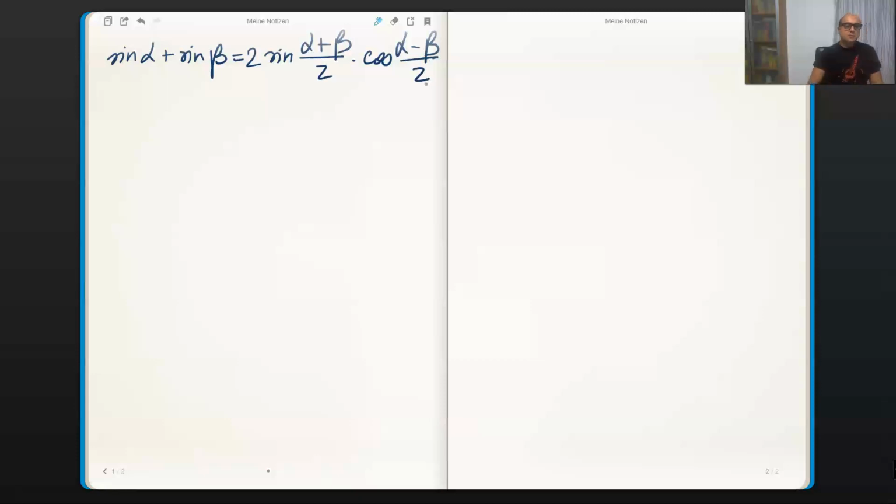We're going to prove this one, and we also want to prove the second one: sine of alpha minus sine of beta should be equal to 2 cosine of (alpha plus beta) divided by 2 times the sine of (alpha minus beta) divided by 2.